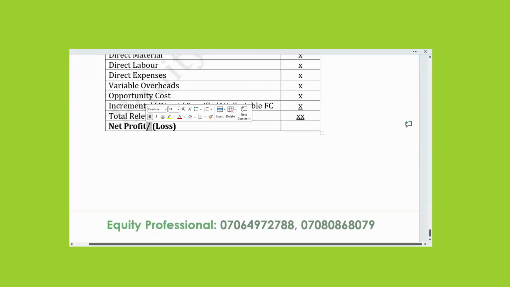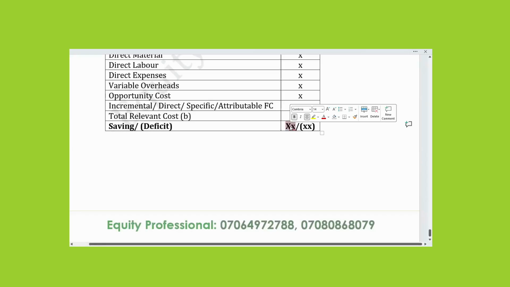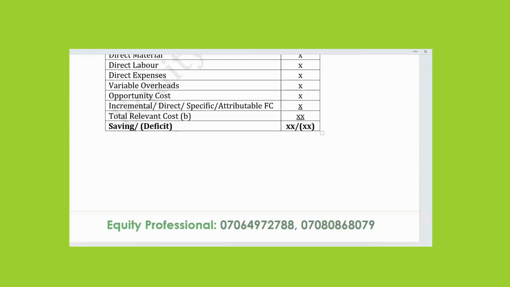If it is savings, it will be positive. If it is deficits, it will be negative. All right. So that's all you need to do.